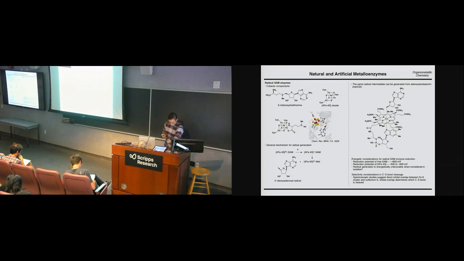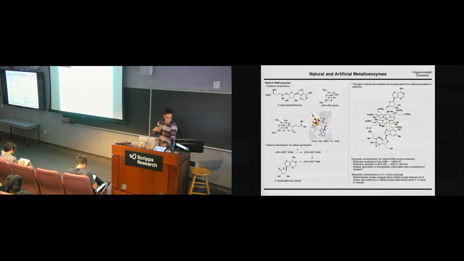I thought I'll quickly go through several energetic considerations for radical SAM enzyme reactions. It's been estimated that the reduction potential of free SAM itself is about minus 1800 millivolts, and the reduction potential of the iron-sulfur cluster is only about minus 500 to minus 600 millivolts.